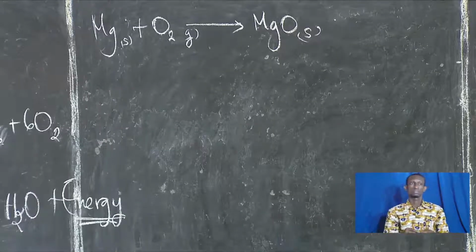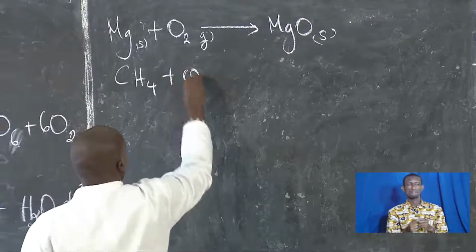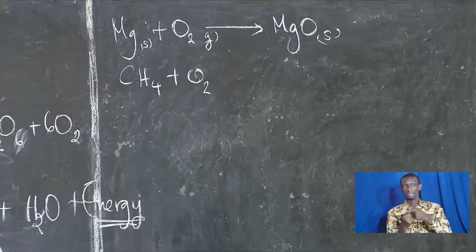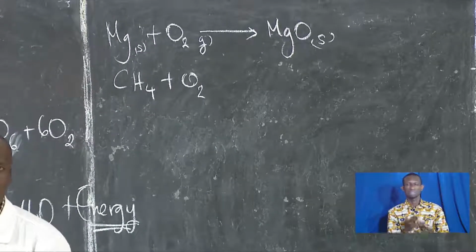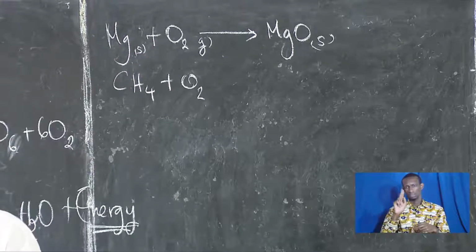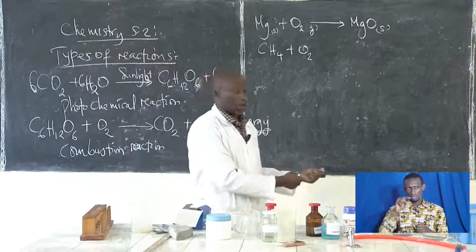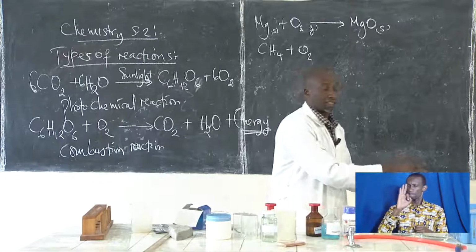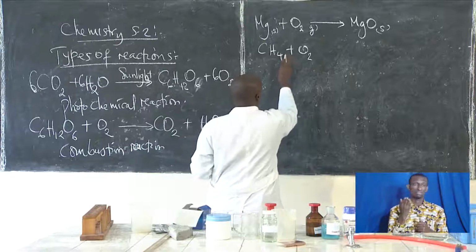You can as well have methane gas. This methane gas is a component of natural liquefied gases. These are the gases that we use in our homes, those tanks; one of the components is methane gas.